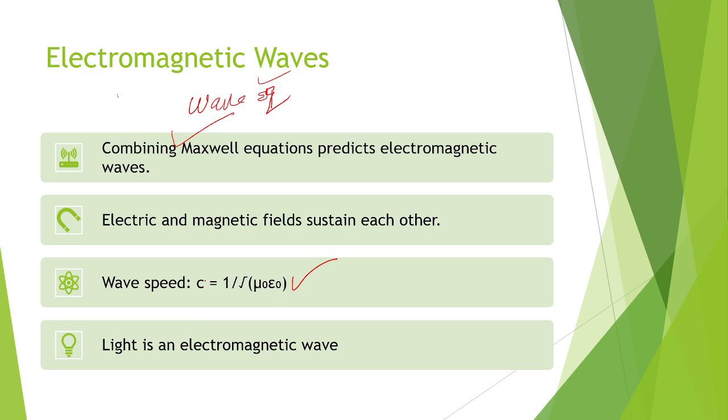When Maxwell calculated this value, it was exactly equal to the speed of light, and he said that what moves with this speed must be an electromagnetic wave. So after that, light was declared to be an electromagnetic wave.